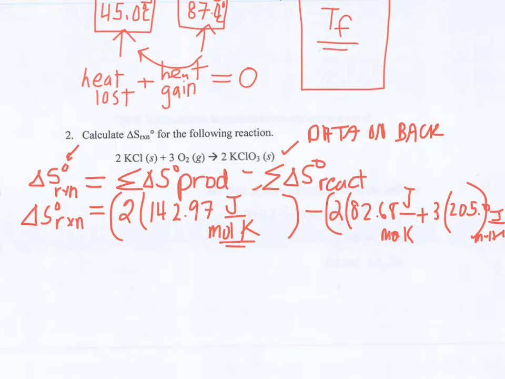Recall that we have 2 moles of potassium chloride, so we multiply by 2. 3 moles for the oxygen, 2 moles of the product potassium chlorate. Okay, that becomes a matter of doing the math. Just watch your signs.